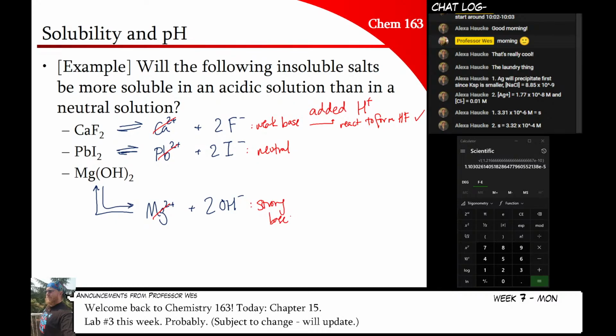Down here, hydroxide is a strong base. It would definitely react with H+. So what we would do is we would say, okay, if I add acid, the solubility of this one and this one should increase. And this one right here should stay the same.